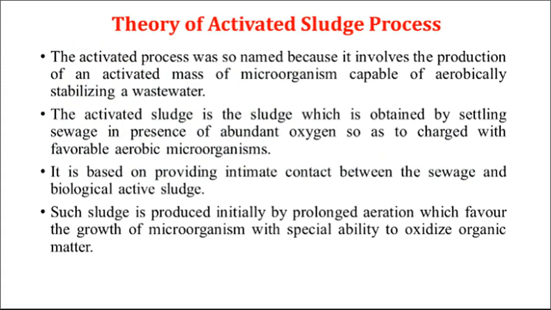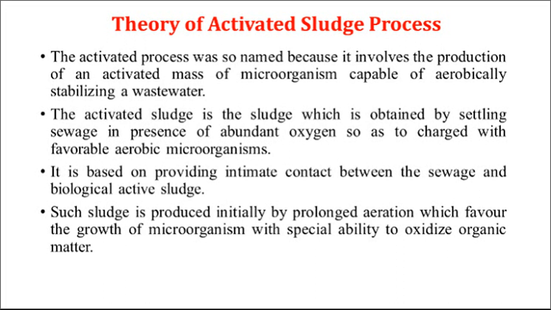So, starting with the theory of activated sludge process. As we know, the activated sludge process was so named because it involves the production of an activated mass of microorganisms capable of aerobically stabilizing wastewater. The activated sludge is the sludge obtained by settling sewage in presence of abundant oxygen so as to be charged with favorable aerobic microorganisms.